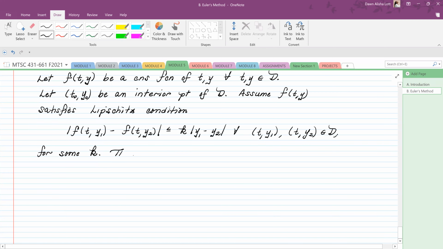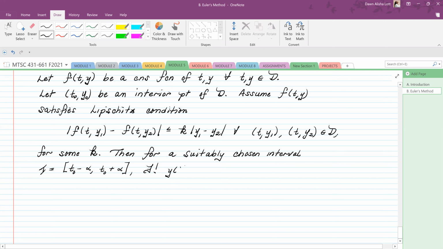All right. Then for a suitably chosen interval I, which is going to be t naught minus alpha and t naught plus alpha, there exists a unique y of t solution on the interval I, satisfying dy/dt is equal to f of t and y.